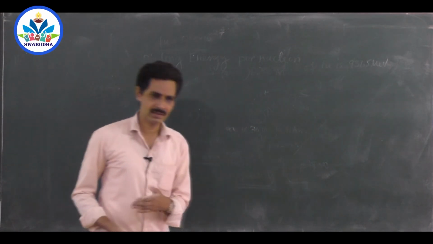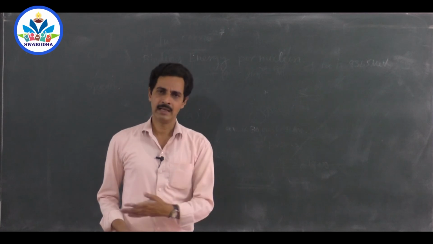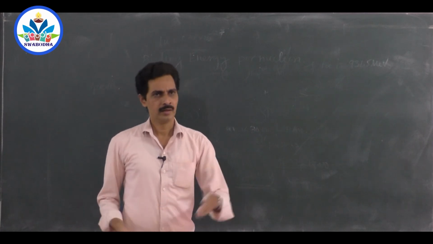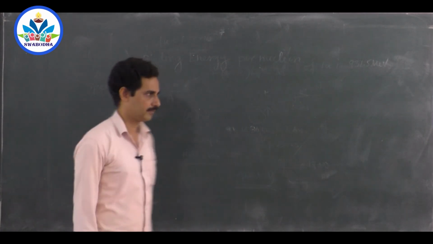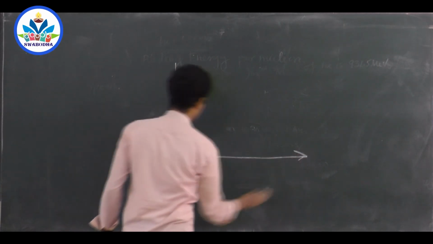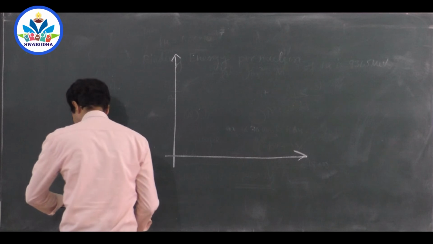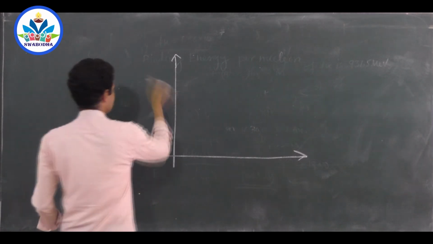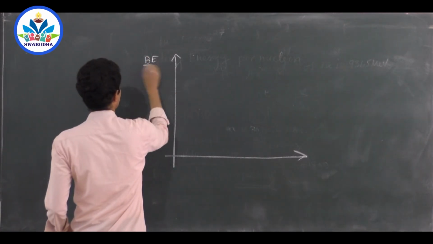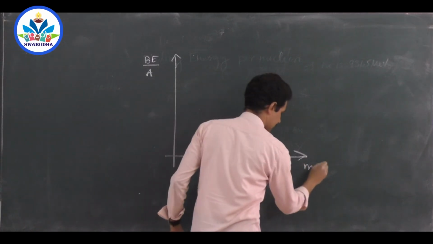All the things that you get in modern physics, that is atoms, nuclei, photoelectric effect, and semiconductors and all, are very easy to follow, not very difficult. Okay, a graph is plotted with the binding energy per nucleon on the y-axis, that is binding energy by mass number, and mass number on the x-axis.